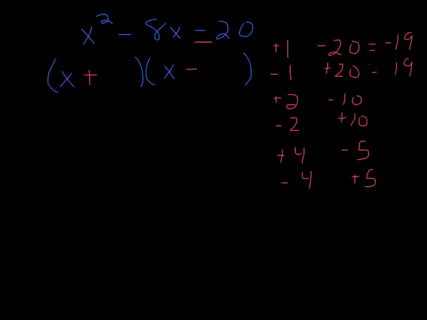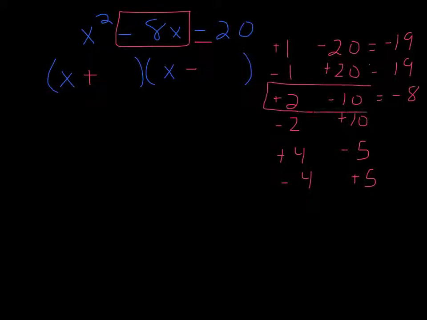Positive 2 and negative 10, that'll give you negative 8. If you look over, negative 8 is what we're looking for, so that's the combination we're going to use: positive 2 and negative 10. Now I want you to look at the next one before we move on. Negative 2 and positive 10 will give you positive 8. So we were really close, but the trick there is you have positive 8, which is not correct.